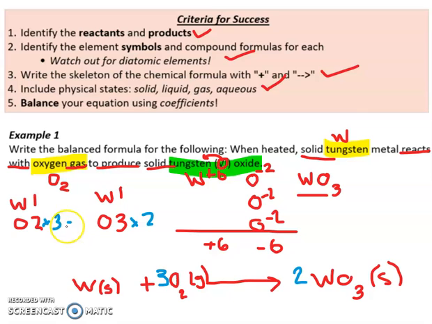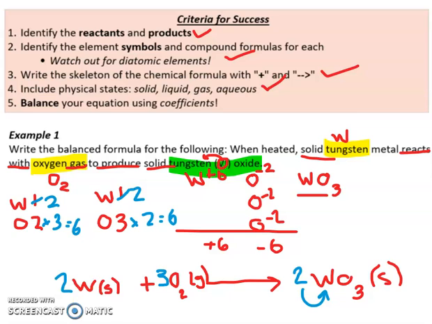So now I have 6 oxygen atoms on the reactant side, and I have 6 oxygen atoms on the product side. But because I have this coefficient here, now on my product side, I have 2 tungsten atoms, and I still have only 1 tungsten atom here. I can easily solve that and put a 2 in the front here. So I'll have a 2 in the reactant side.